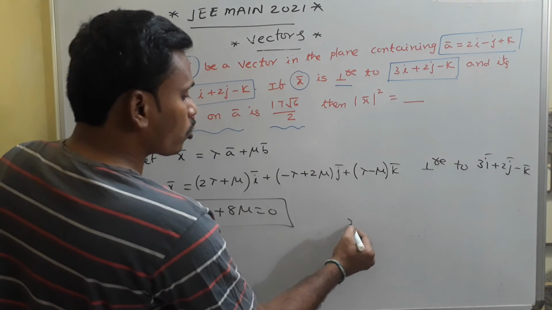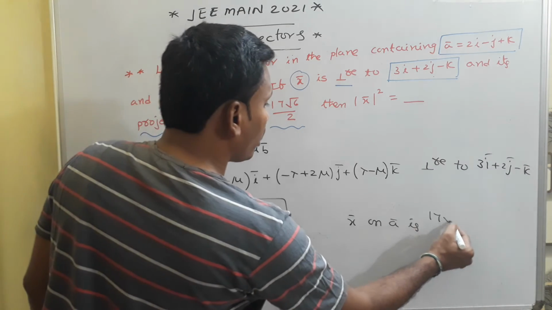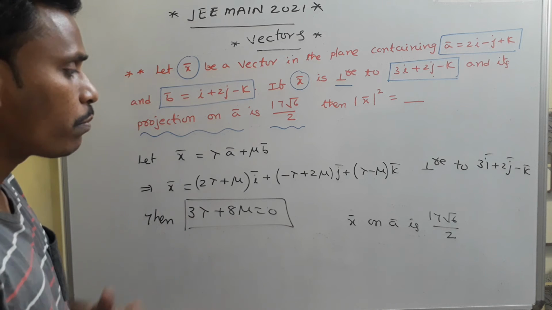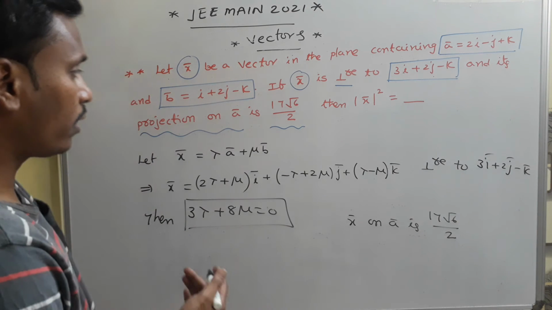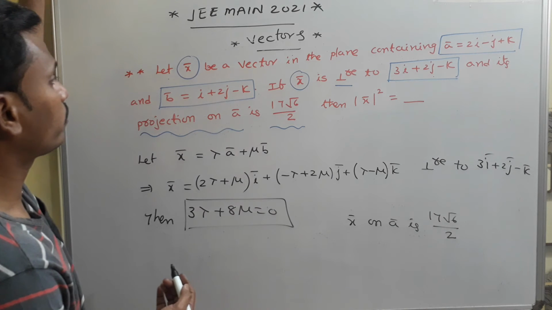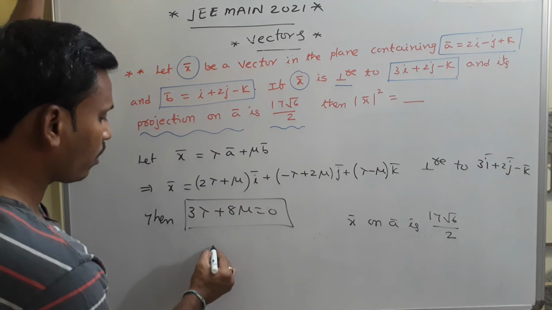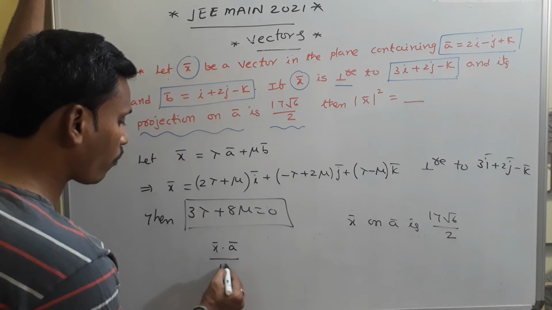Okay, projection of x bar on a bar is given as 17 root 6 by 2. So we discussed earlier, what does projection of x bar on a bar mean? Projection of x bar on a bar, this is nothing but, yeah, this is x bar and that is a bar, which is nothing but x bar dot a bar by modulus of a bar.